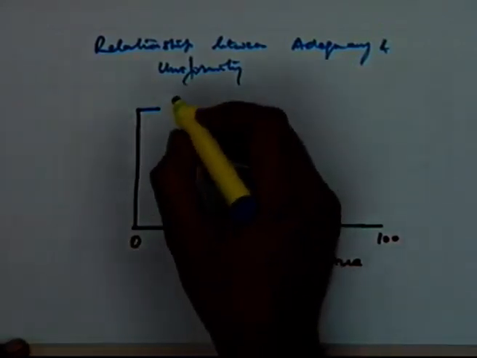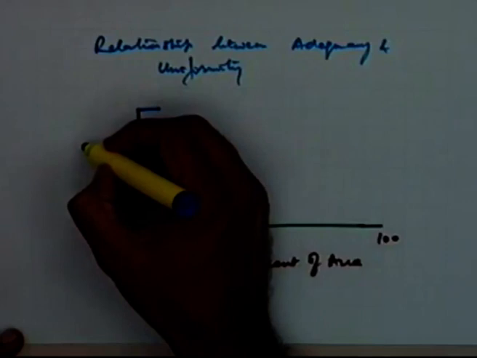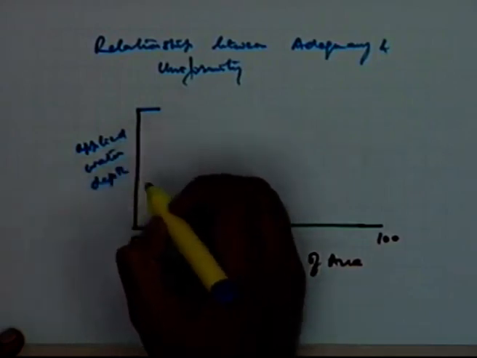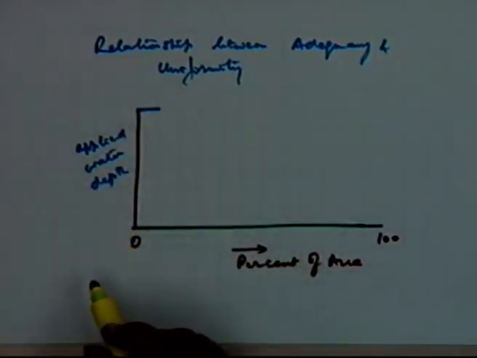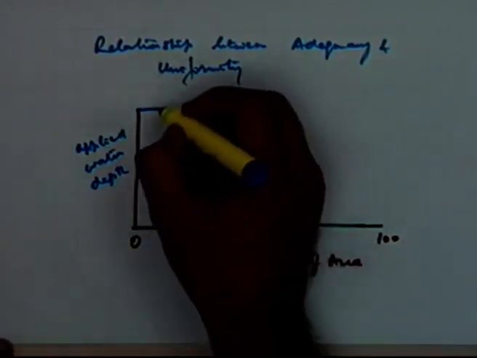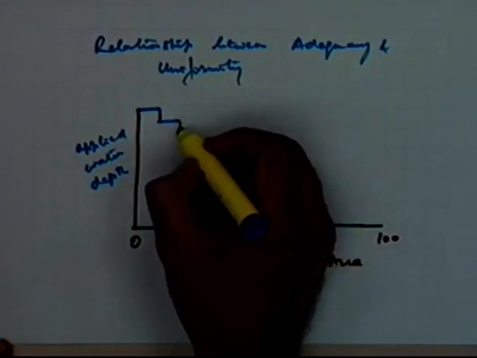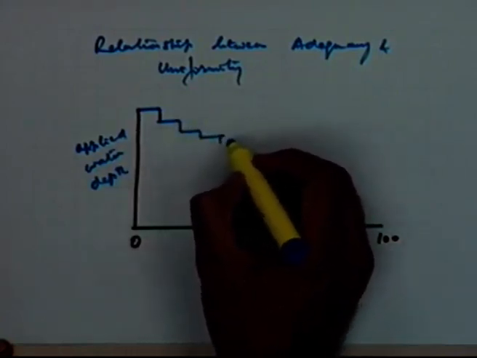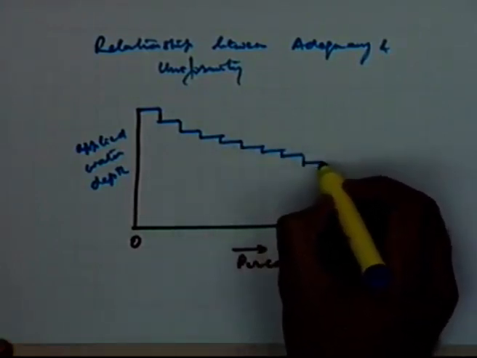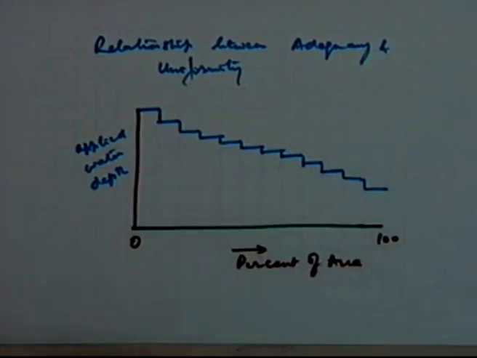So if this is the actual applied water depth, which you have obtained by using the catch cans or by some other way, you might find that this is the way it changes, so this is a total variation.